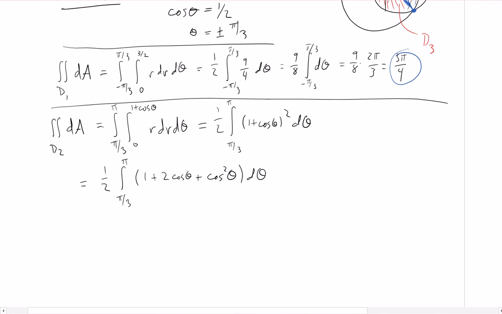So let's split this into 3 integrals. The first integral is just 1. Second integral is 2 cosine theta. And the third is cosine squared.